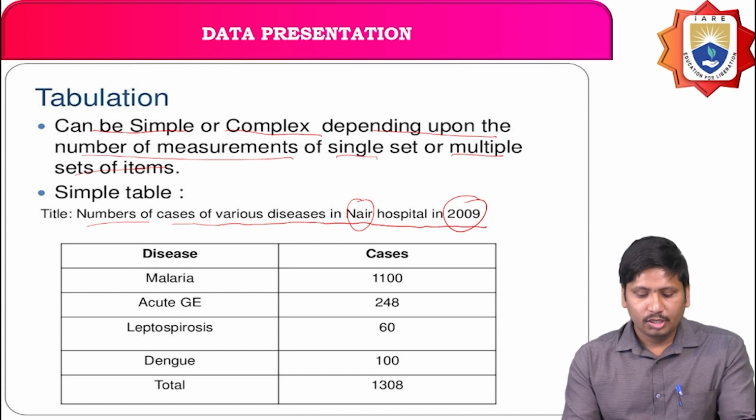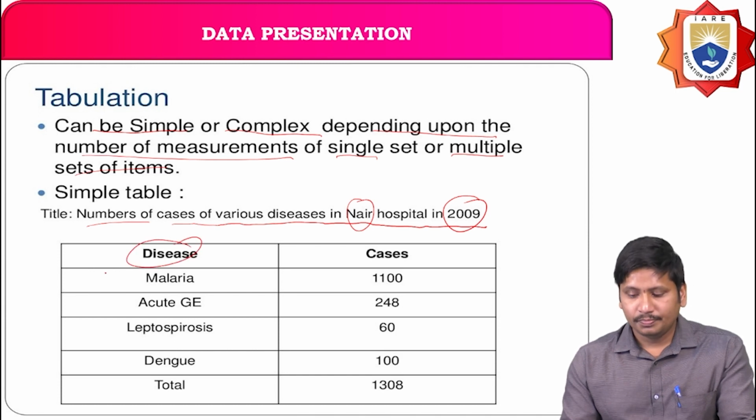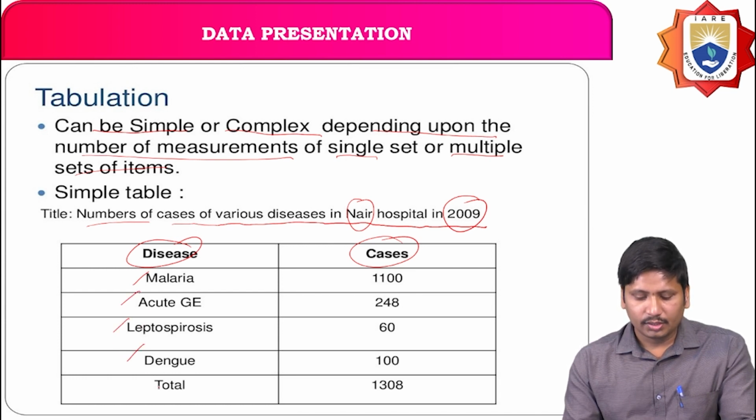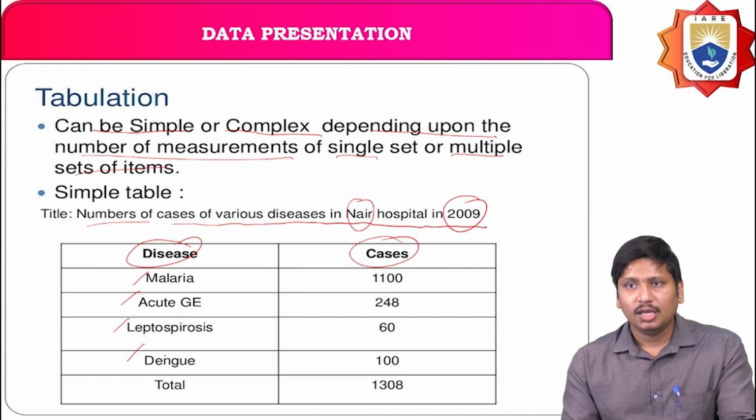So I take disease as one column and number of cases as the other column. Diseases means malaria, acute GE, leptospirosis and dengue. These are some of the diseases found in Nair Hospital.